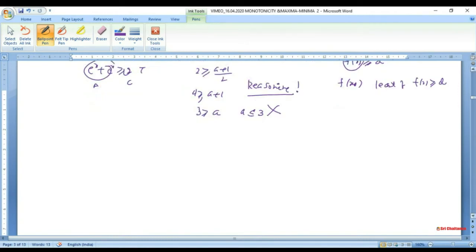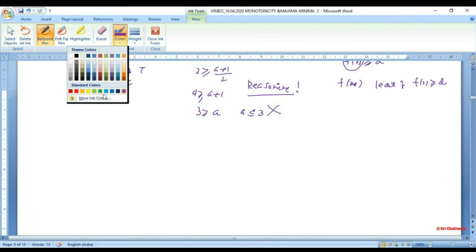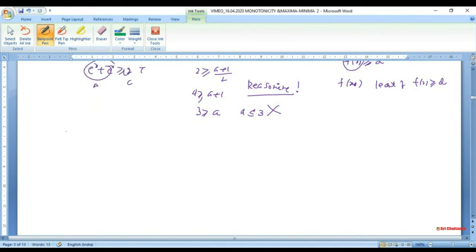Okay, now let me go to some other thing, and this will tell you another kind of situation. The topic I will write like this: this is a huge topic, so I'll do my best to cover all the things. One is the application of monotonicity to locating the roots.